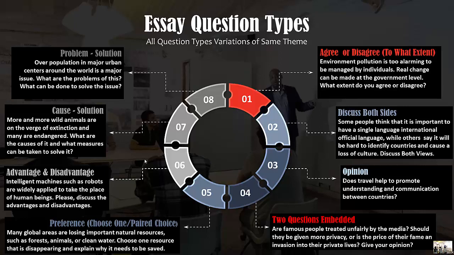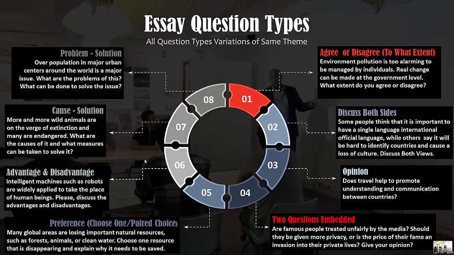And then at other times, it will be, to what extent do you agree or disagree? Then we have a discuss both sides question, opinion questions, 2 questions embedded. That means that when you have the essay question, they'll have 2 separate questions within it. They may ask you whether something is positive or negative as one question, and then right after that question, they'll have a separate question that is asking something different.